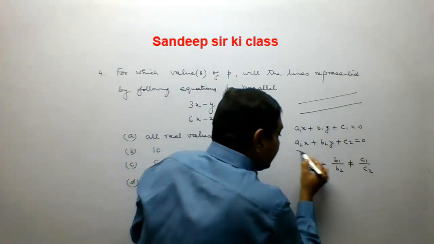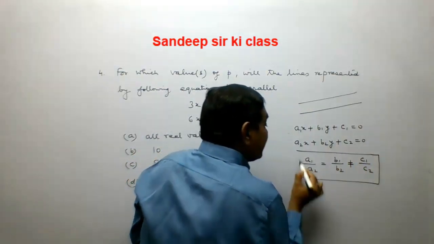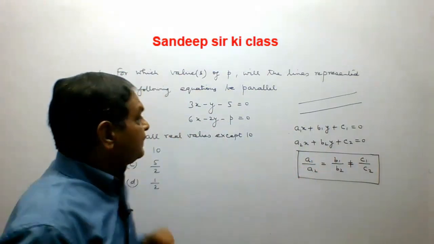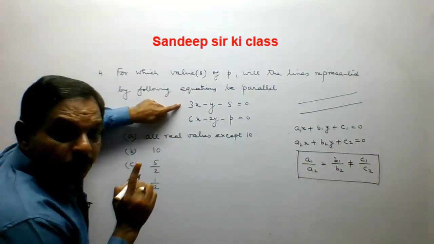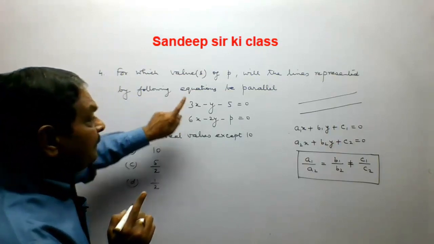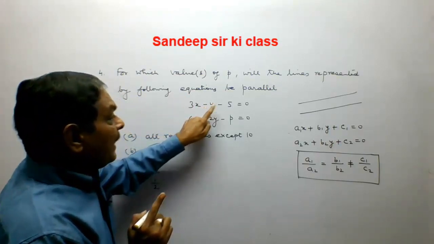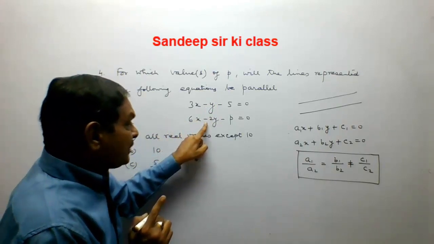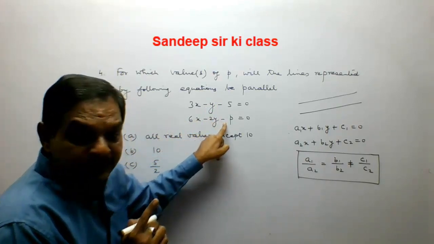This is the condition when the lines represented by these two equations are parallel lines. Now apply this rule here. Here a1 is 3, b1 is minus 1 and c1 is minus 5. a2 is 6, b2 is minus 2 and c2 is minus p.